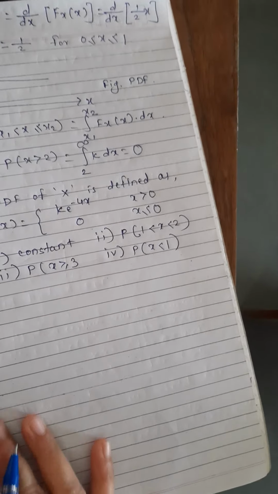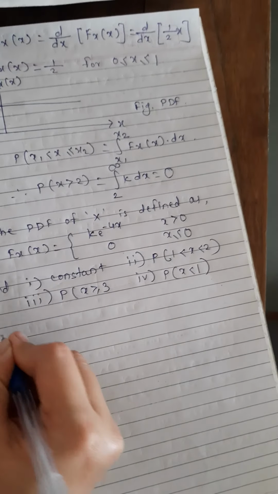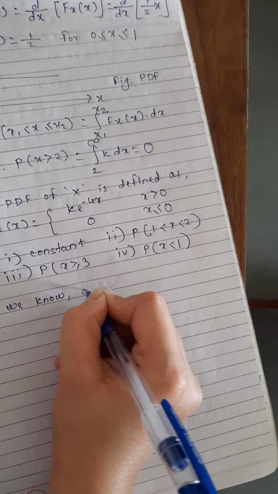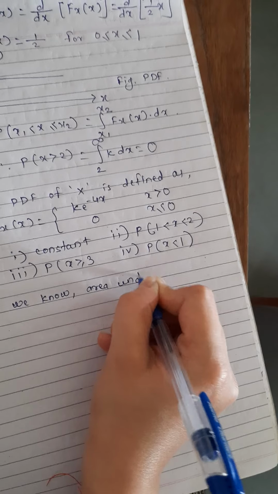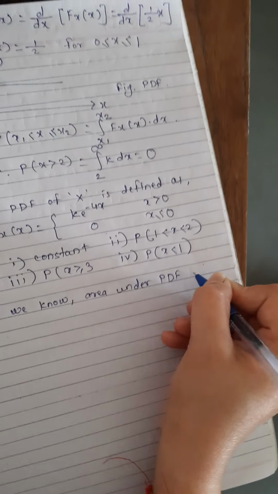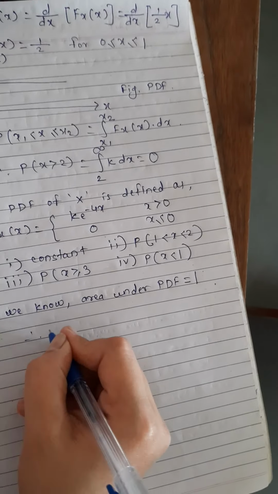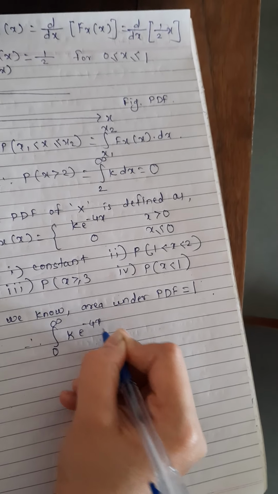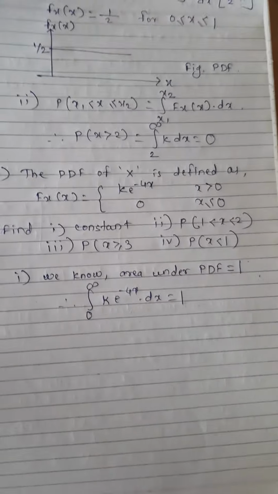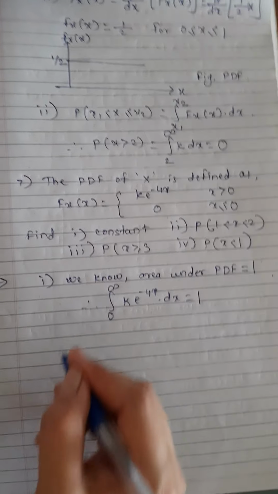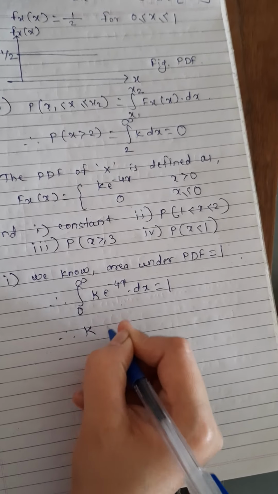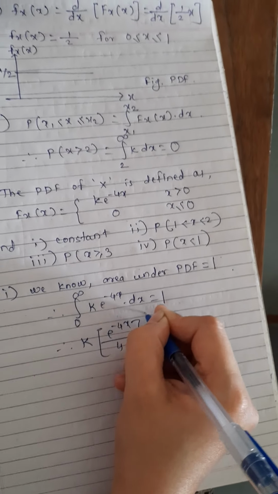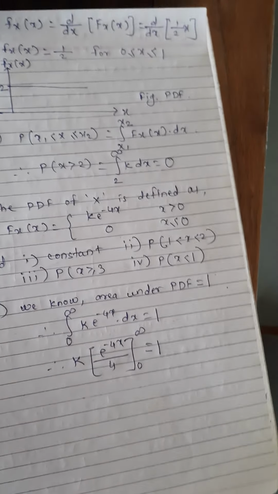So first we find the area under the curve. We know that the area under the PDF is 1. So we can write here the integration from 0 to infinity of k e raised to minus 4x dx is equal to 1. Okay, so k is constant, the integration of e raised to minus 4x is divided by 4, from 0 to infinity, it is equal to 1.